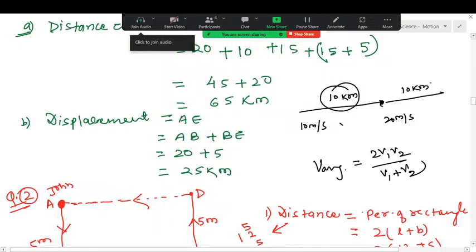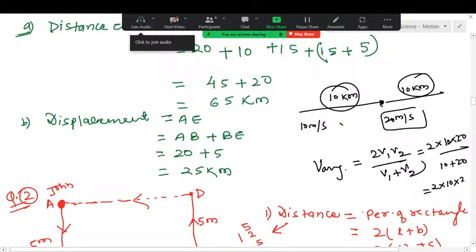Because distance is same, you can use this formula. What is v1? It is simply 10. What is v2? It is simply 20. What is v1 plus v2? It is simply 10 plus 20. In this way, you can figure out your answer. Twice times 10 times 20 over 30, and the answer is coming out to be 40 over 3 meter per second.